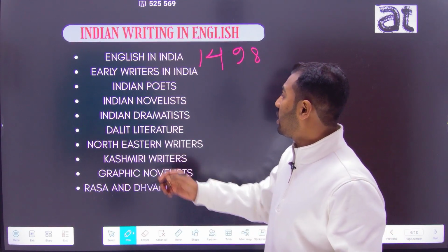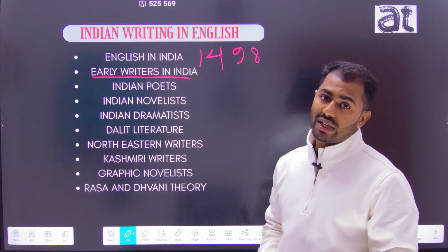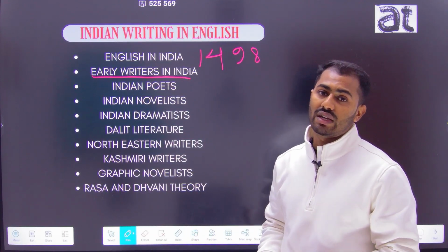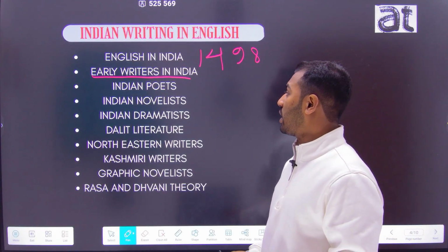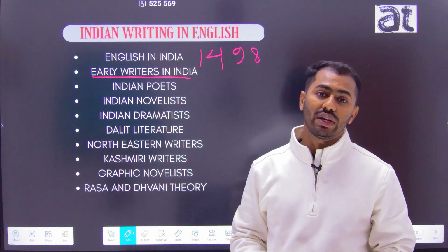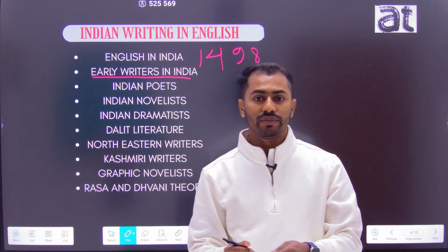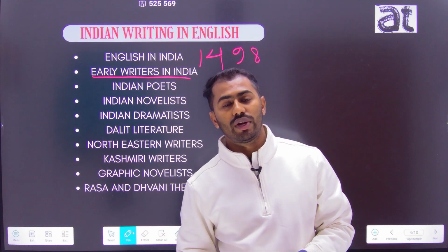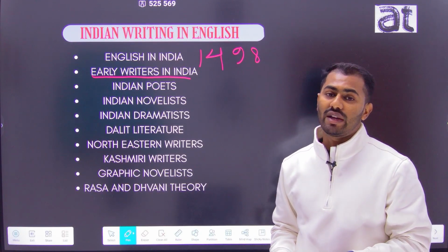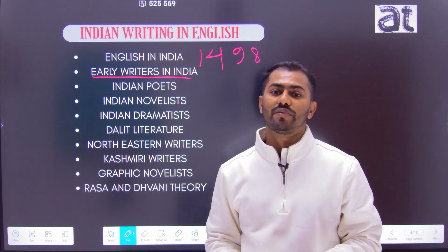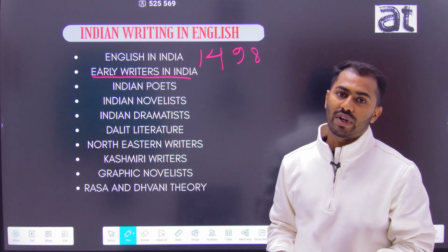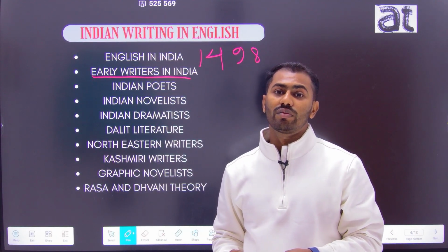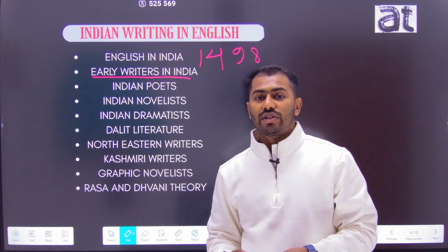After that come the early writers in India, where we will read Michael Madhusudan Dutt, Toru Dutt, Bankim Chandra Chatterjee, Deen Mohammad, and what are the important commissions founded in Indian history, like the Hunter Commission of 1882, the Calcutta University Commission of 1917, Macaulay's Minute of 1835, Wood's Despatch of 1854, the Radhakrishnan Commission of 1948, the Mudaliar Commission of 1951, and the three NEPs implemented in India.